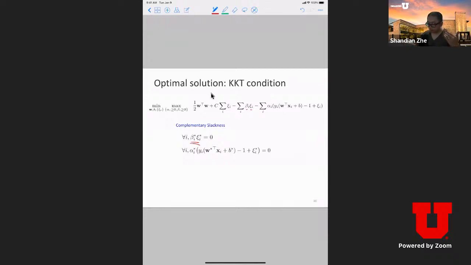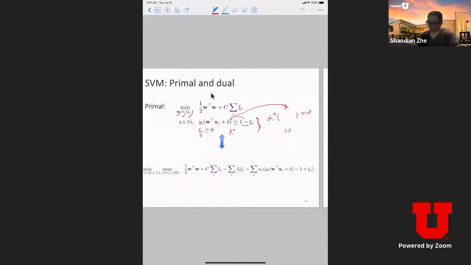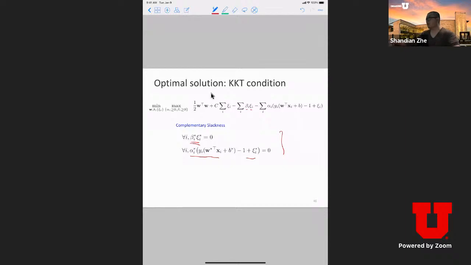And for the other constraint, we have alpha i star times the function margin subtracted by 1 plus xi i star is 0. This comes directly from complementary slackness applied to our problem.